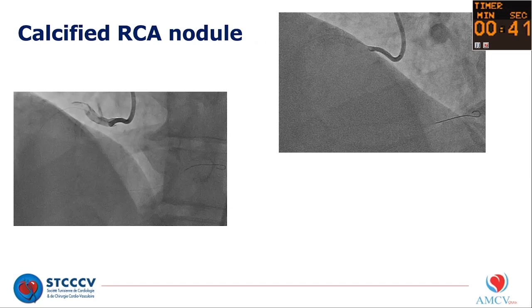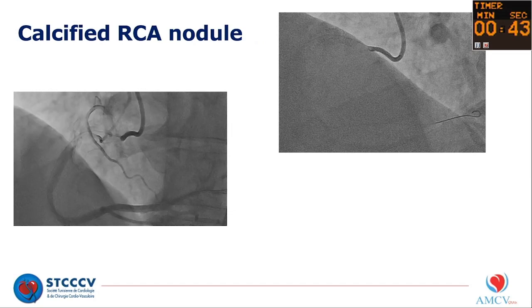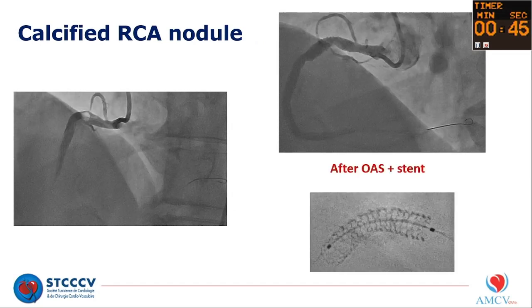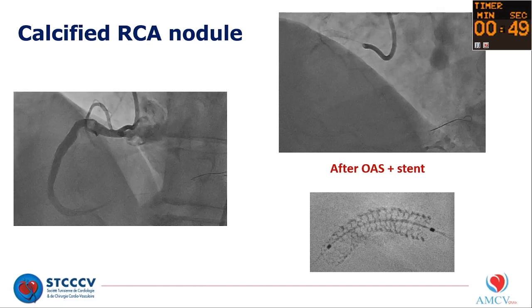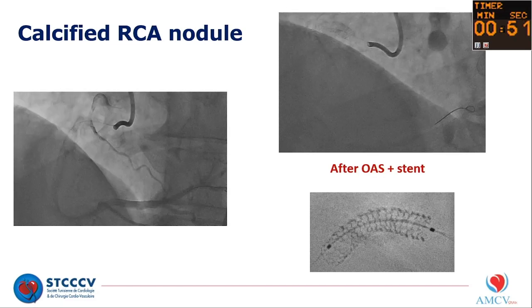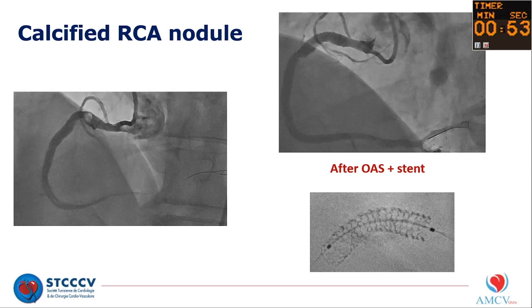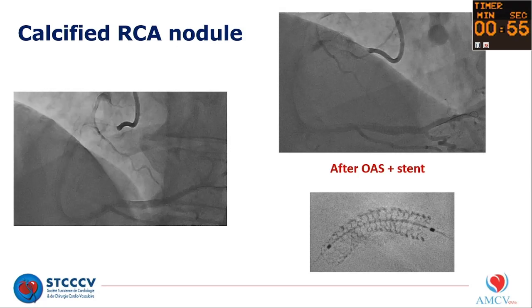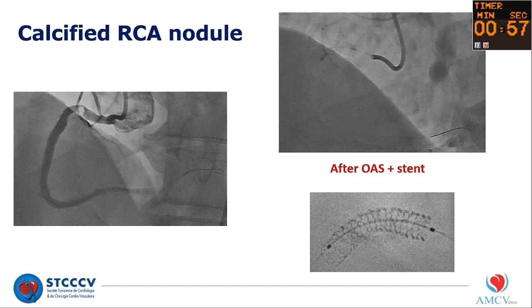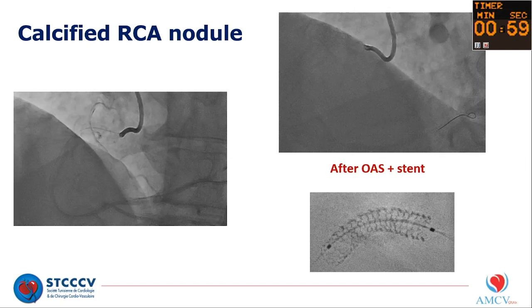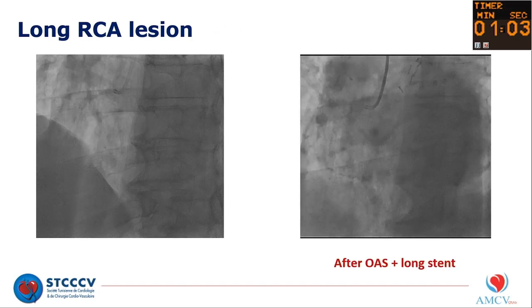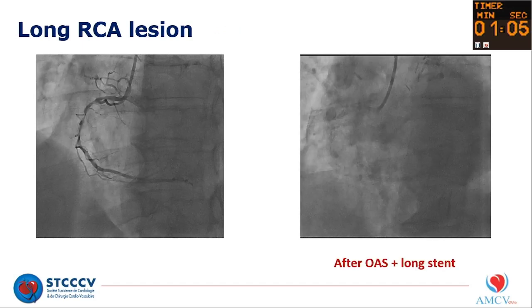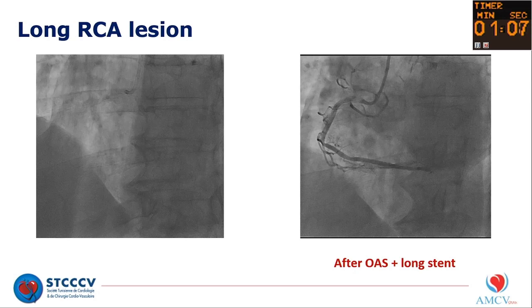Another example of orbital in this nodular calcification, and even if the result is not perfect angiographically, I think the patient is well. And the last case, a very long right coronary artery lesion with orbital and a long stent, of course.